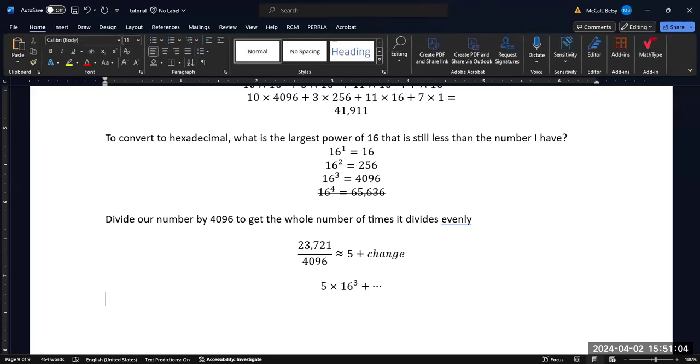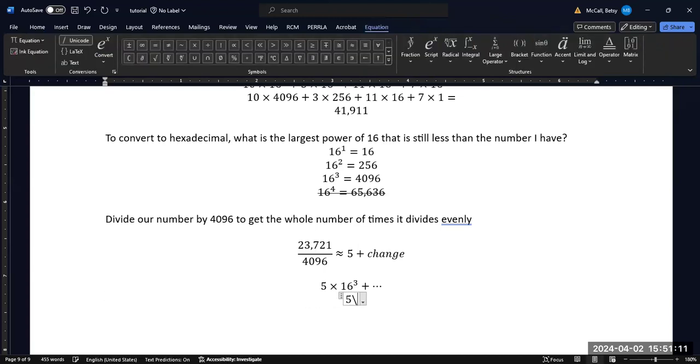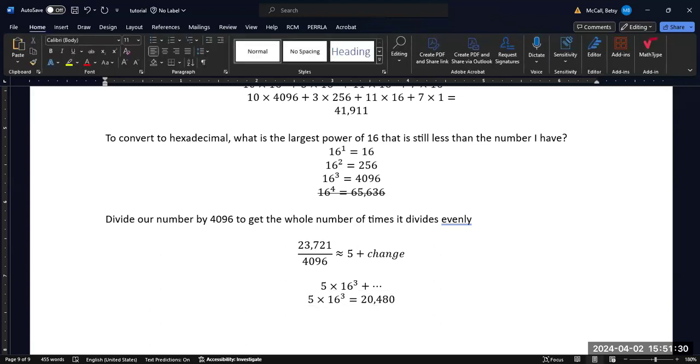Now, to figure out what that stuff is, we're going to need to multiply 5 times 16 cubed to see what we've accounted for. So 5 times 4,096 is 20,480. So we're going to find out what we haven't accounted for.